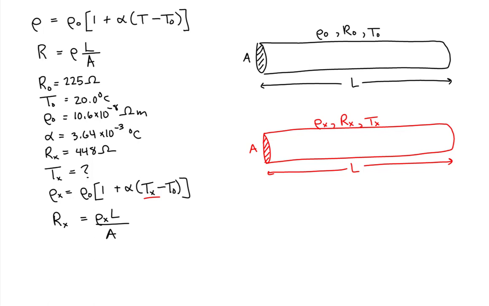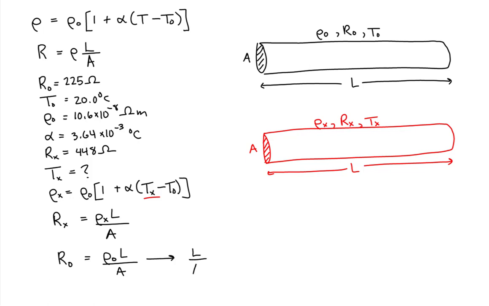We don't know the length of our conductor, and we don't know its cross-sectional area, but that's okay because we know information about those two quantities based off of the fact that we know the resistance of our thermometer at 20 degrees Celsius. So here we know the resistance, and we know the resistivity at 20 degrees Celsius.